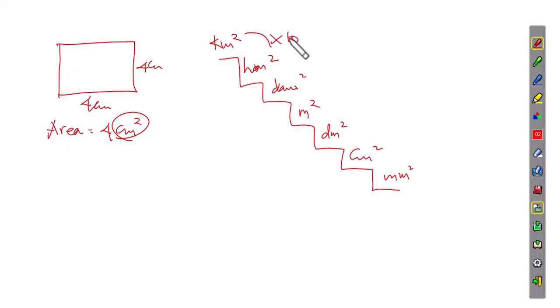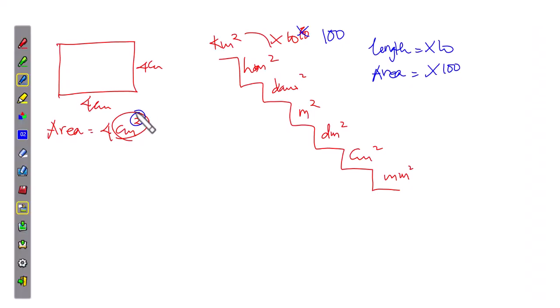Meanwhile, for the area, you times it by 100. For the length, you times it by 10. But for the area, times it by 100. Since this is used a square.